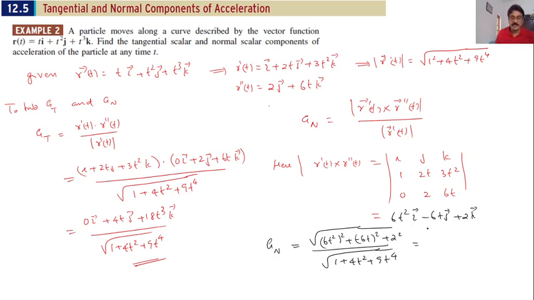You can write this as square root of 36t raised to 4 plus 36t square plus 4, divided by square root of 9t raised to 4 plus 4t square plus 1. This is the normal component of the acceleration.